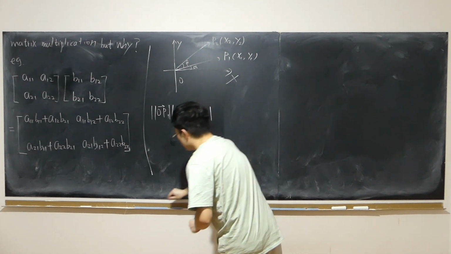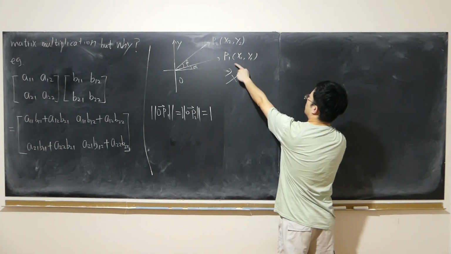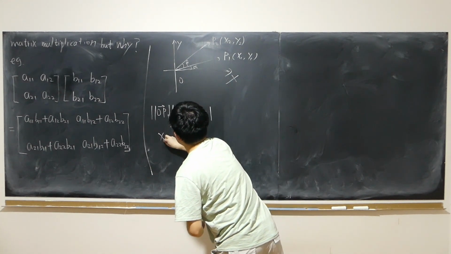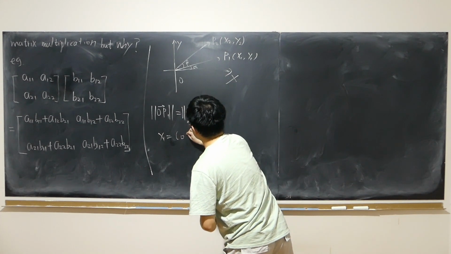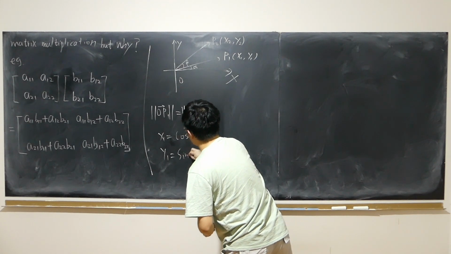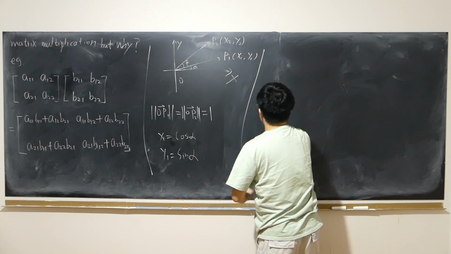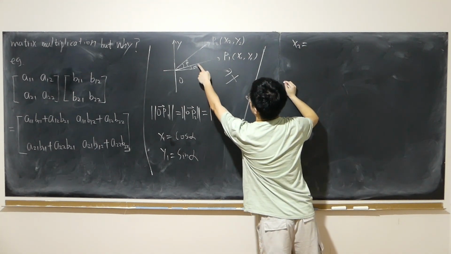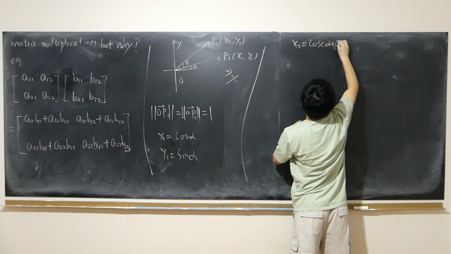Now, the x coordinate of P1, x1, of course, is cosine alpha. And y1 is, of course, sine alpha. And then we have the coordinate x2. x2 is cosine of alpha plus beta.